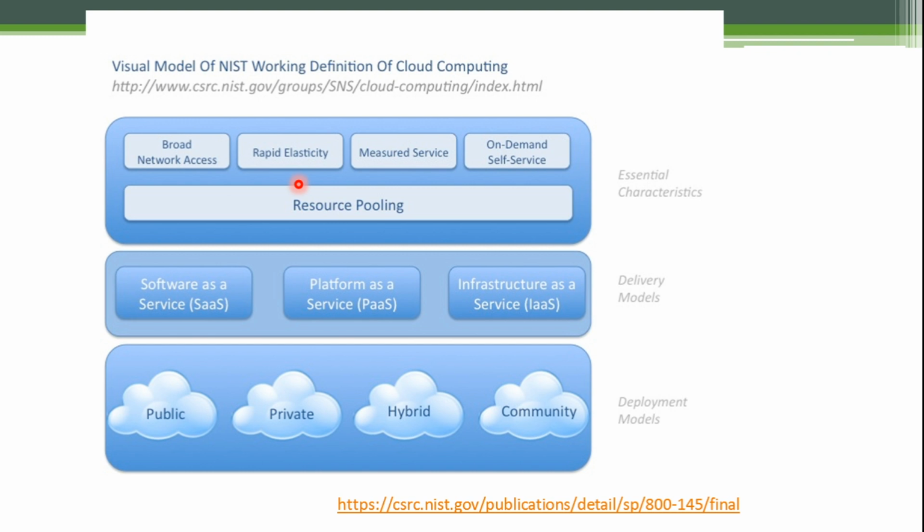Every cloud provider, no matter if they are a SaaS provider, PaaS provider, or IaaS provider, has to have these five characteristics. Then there are three types of delivery models: software as a service, platform as a service, infrastructure as a service. And then there are four types of deployment models: public cloud, private cloud, hybrid cloud, and community cloud.